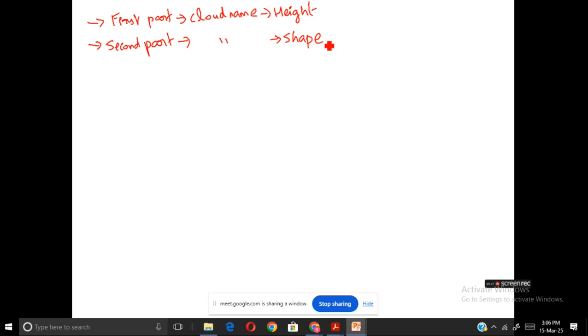So we will first see the first part of cloud names, the prefixes describing cloud heights.